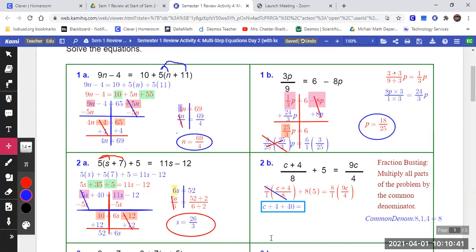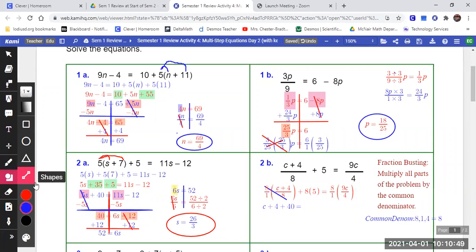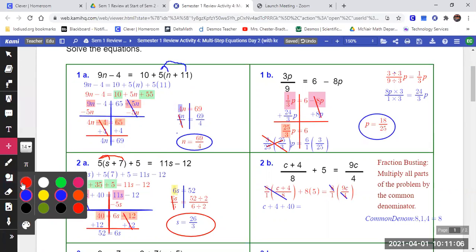Now we have to look at the right-hand side. Does 8 divide evenly by 4? Because I'm looking diagonal. My 8 divides evenly by my 4, so my 4 would be gone, and the 8 becomes 2.